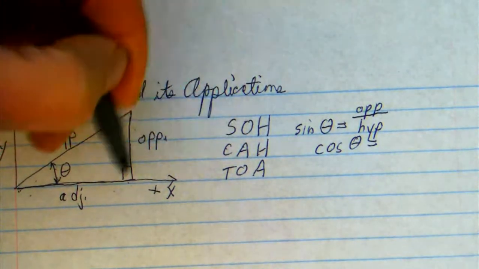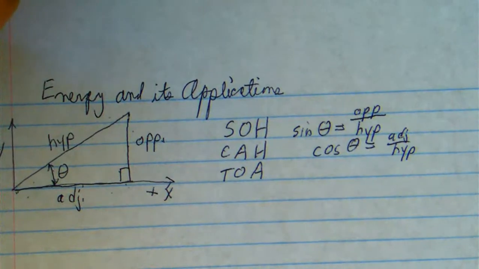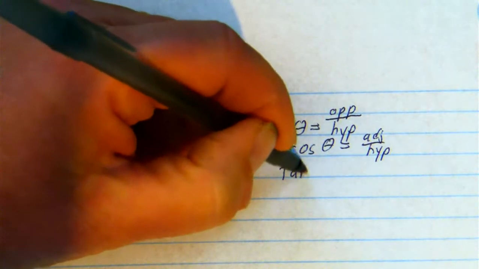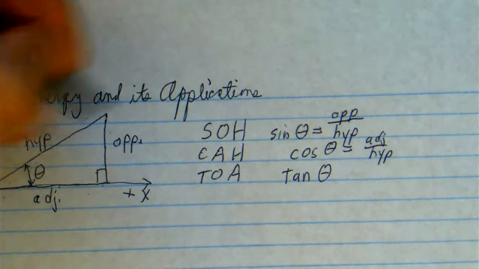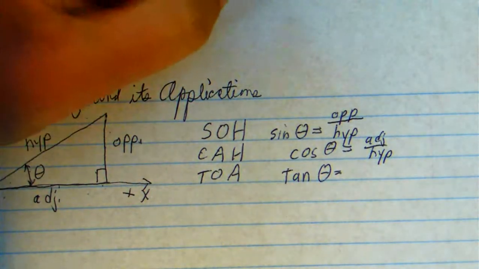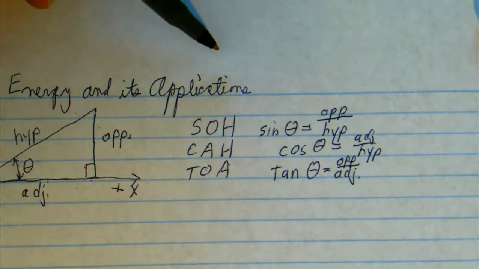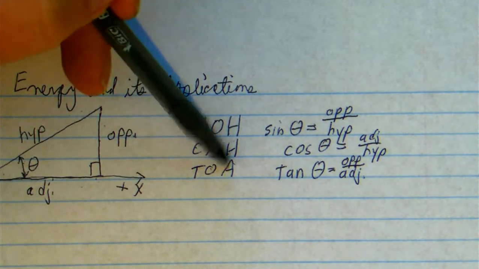The cosine of any angle theta is the ratio of the adjacent side divided by the hypotenuse. The tangent of any angle theta is the ratio of the opposite side divided by the adjacent side. Hence, the mnemonic memory device SOHCAHTOA.